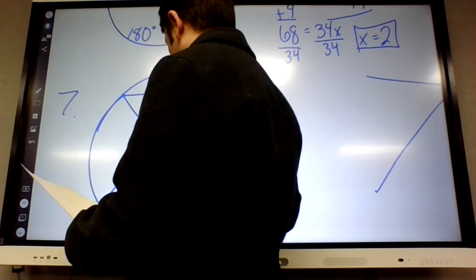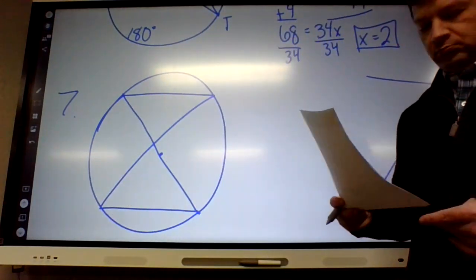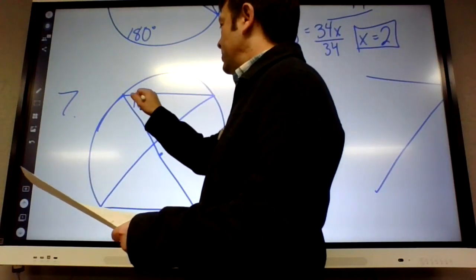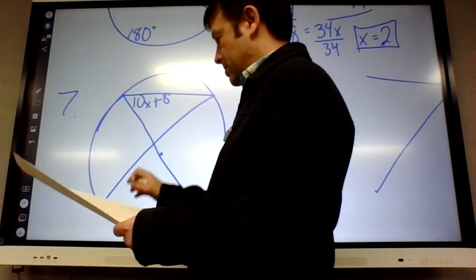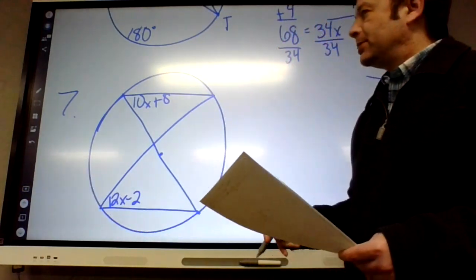No, they're like opposite, like the parallel line thing. No. Okay, I'm pretty sure they meant to put it right here and right here.